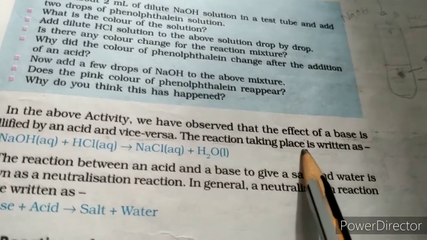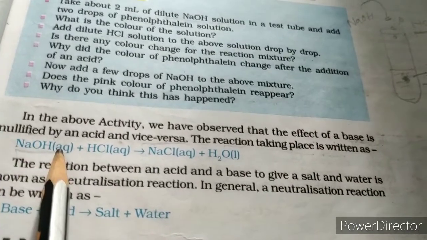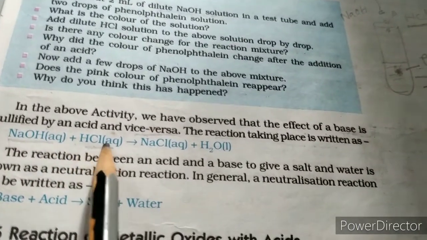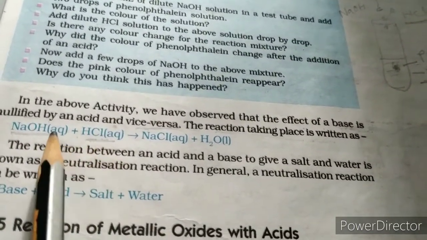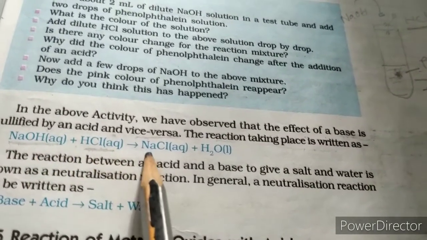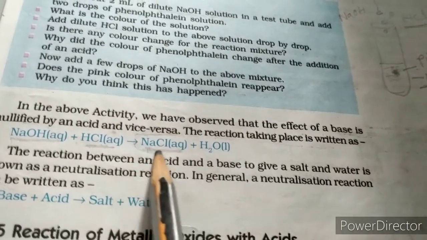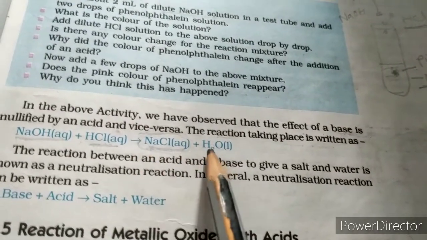So the reaction taking place is written as sodium hydroxide plus hydrochloric acid. That means sodium hydroxide is the base and HCl is the acid; they react and form salt. NaCl is the salt, a neutral salt, plus water.